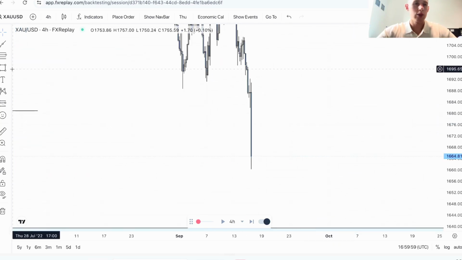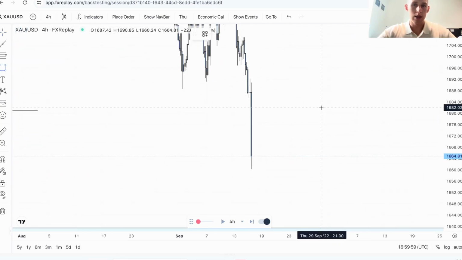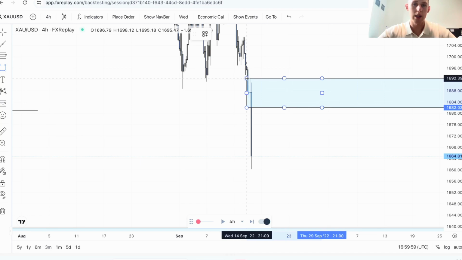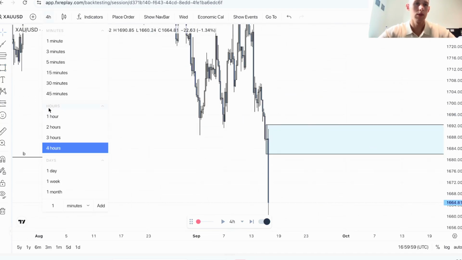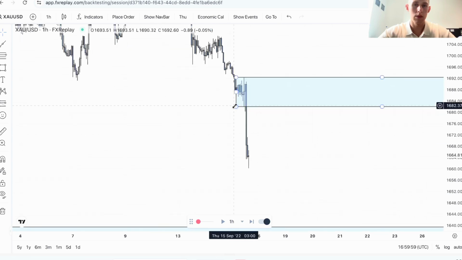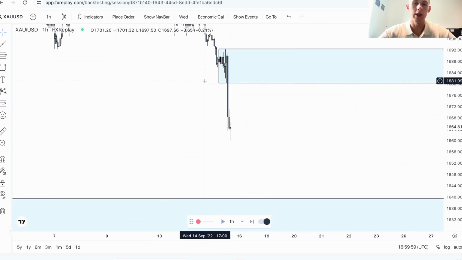Next area for potential sells would be if we can see a pullback into the supply. So sort of this whole region.